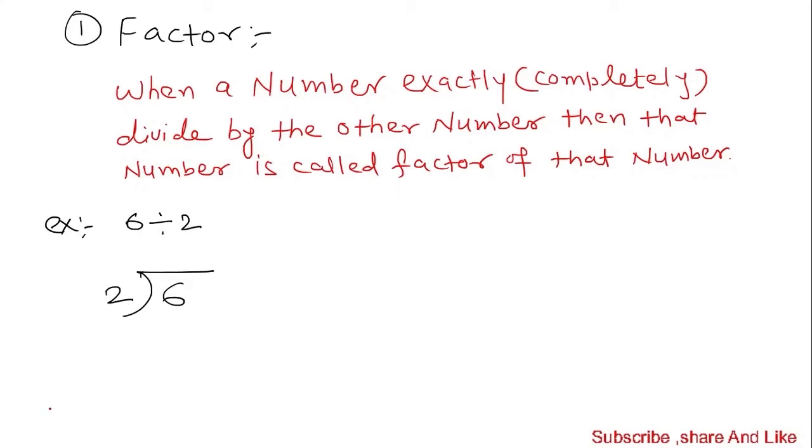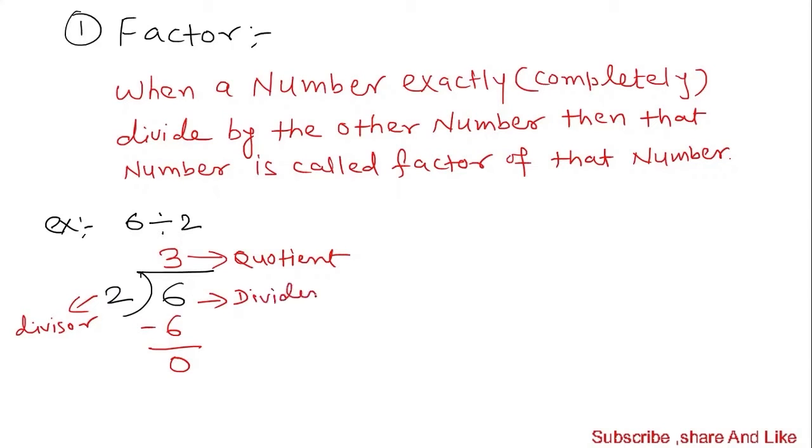I read the table of 2 up to 6. 2 3s are 6, so I write 3 here. 6 minus 6, 0. This is called the quotient. This is called the divisor. This is called the dividend. And this is called the remainder.